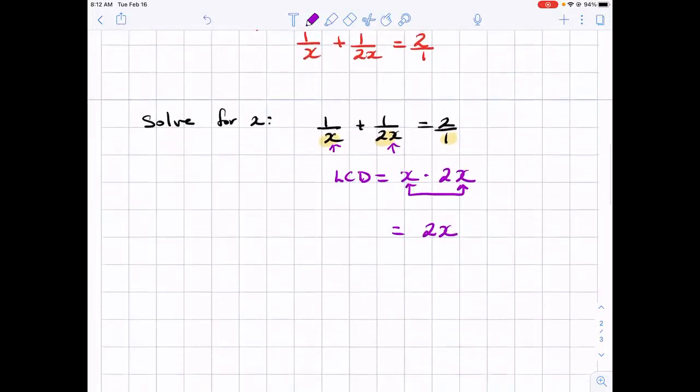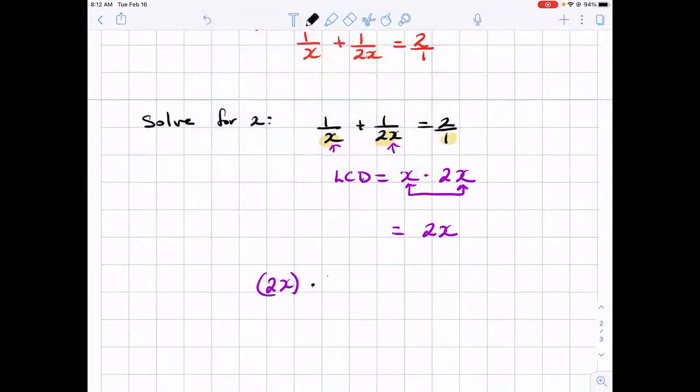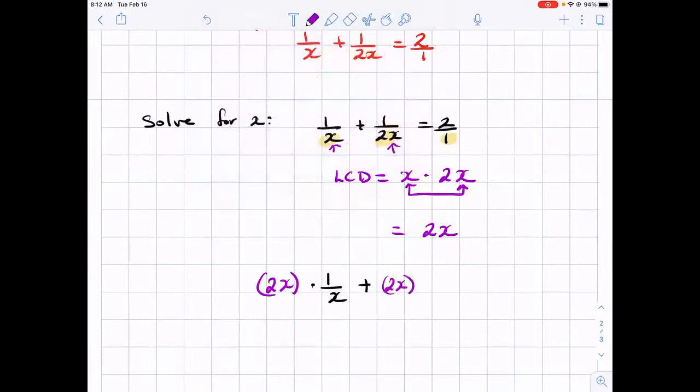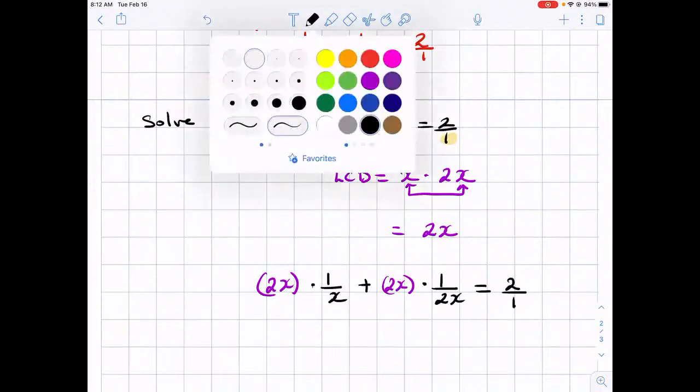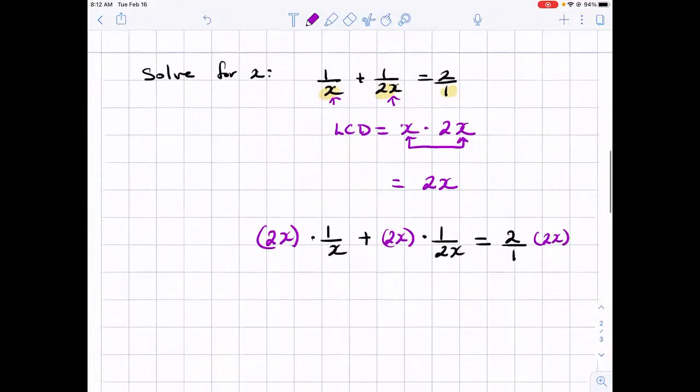We now multiply each term by 2x. So 2x times 1 over x plus 2x times 1 over 2x is equal to 2x times 2.